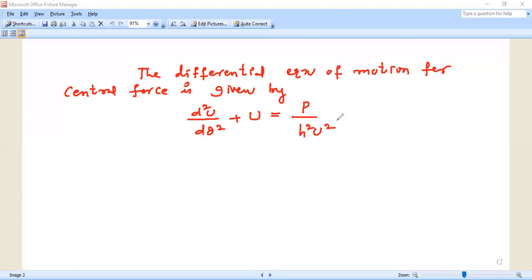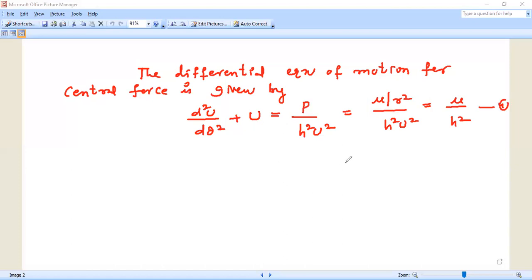That equals mu by r square by h square u square, which equals mu by h square. Say this is equation 4.